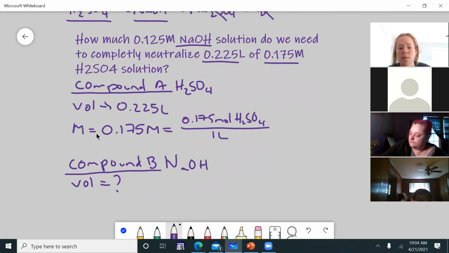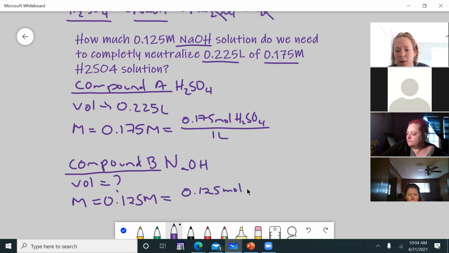I do know the concentration. So the concentration for B is 0.125 big M. Again, I don't like it for dimensional analysis being a single unit, so I'm going to change this to a mole per liter. 0.125, and it's specifically moles of NaOH for every 1 liter of this solution.